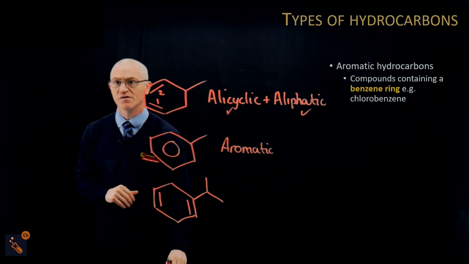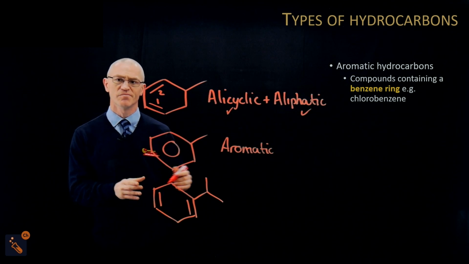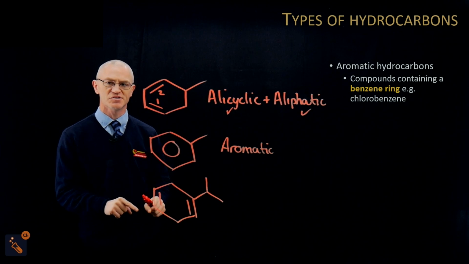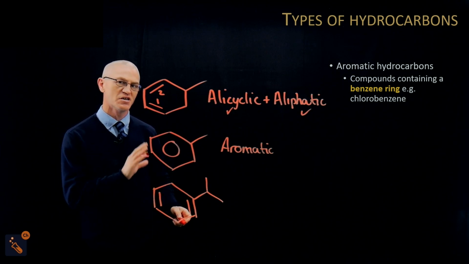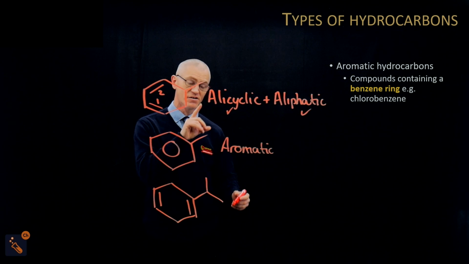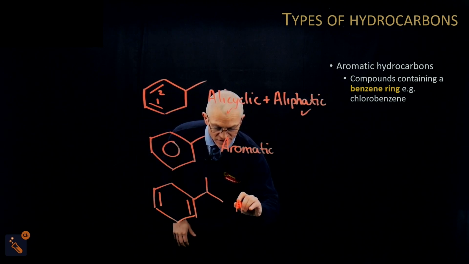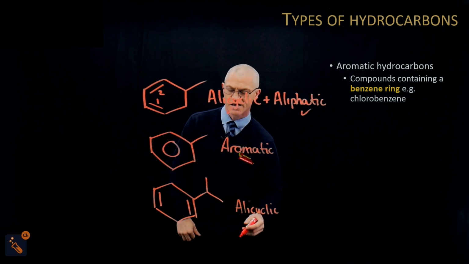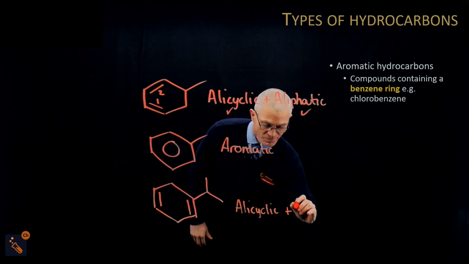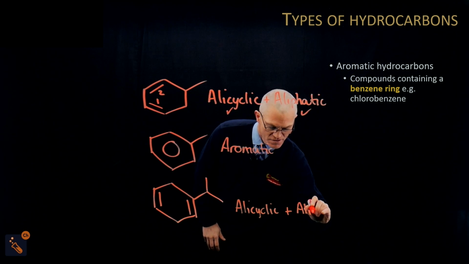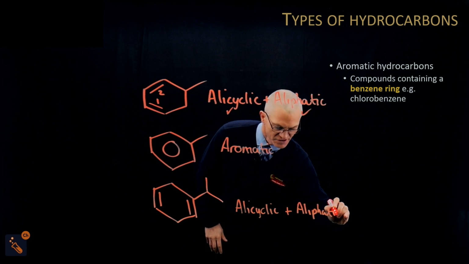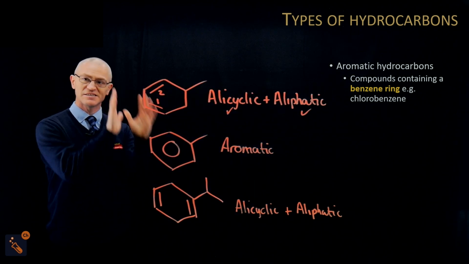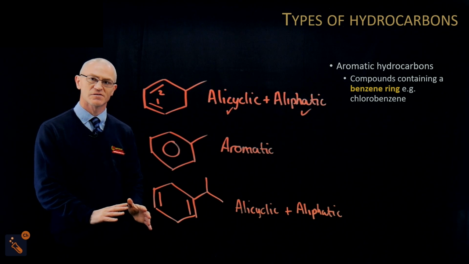Okay, so we then go to the next one, and we're looking again for 3 double bonds. Do we see the 3 double bonds? No, we don't. We see 2. So again, this is alicyclic because it's in a ring, and it's also aliphatic. Okay, so this is easily done in a multiple choice question.